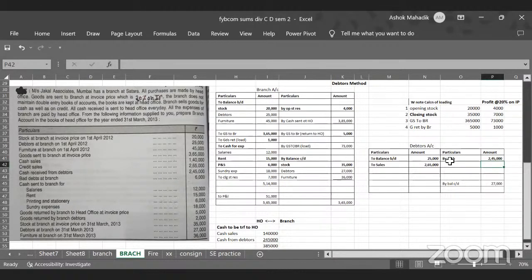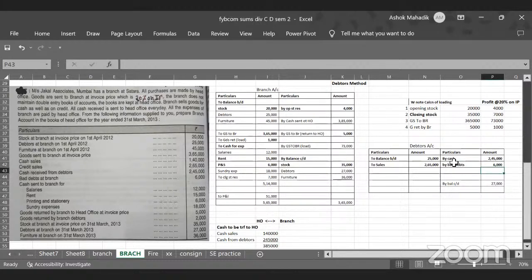Then some entries related to this account, like bad debts was given 6,000. So it will be on the credit side. In P&L, we record bad debts on the debit. So in debtors, it will be on the credit. By bad debts. Okay, 6,000. Clear?